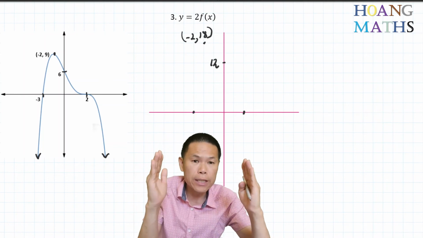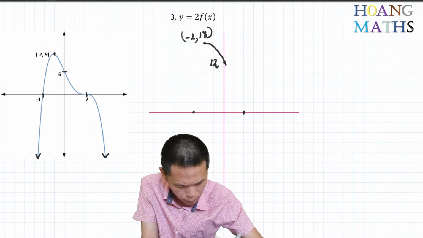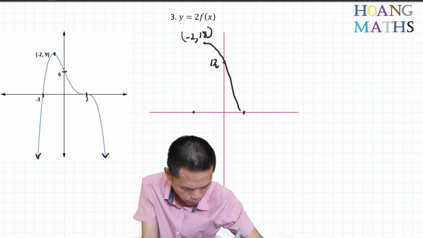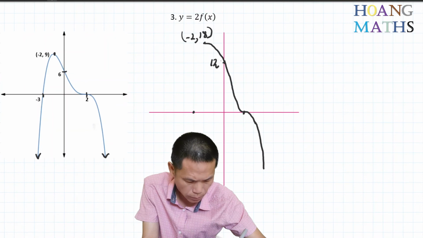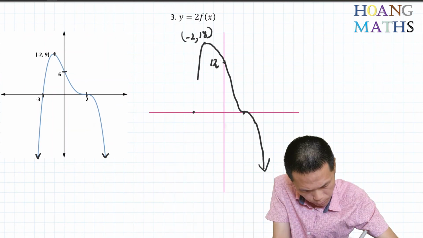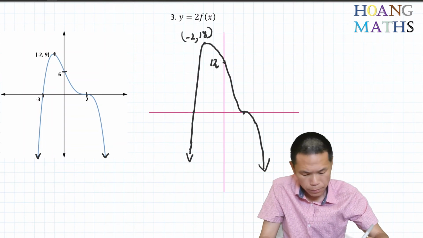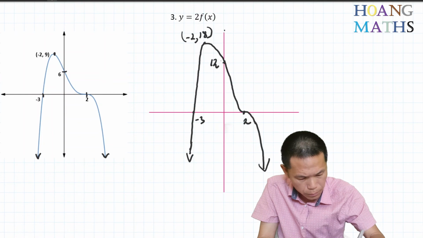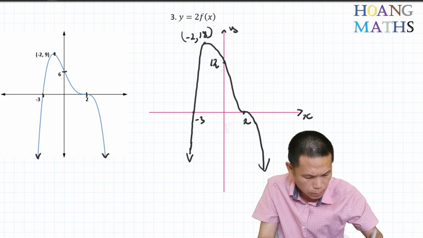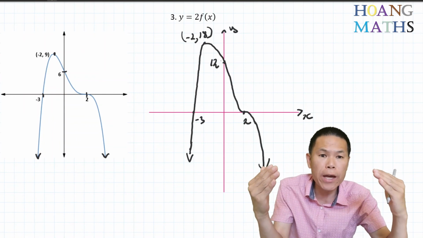So that means the graph is a lot steeper, okay? There you go. So this is 2 lots of f of x.